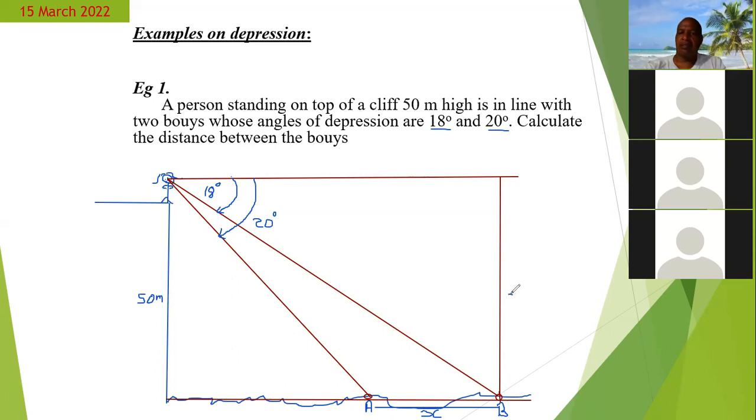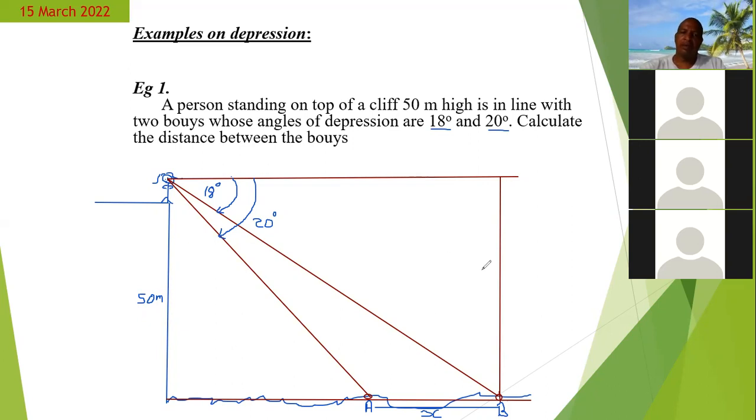Sir, would the height of the person not play a role? We're assuming that the person's height is included in the height of the cliff. So the 50 starts from the eyesight to the bottom there. Okay, sir. All right.